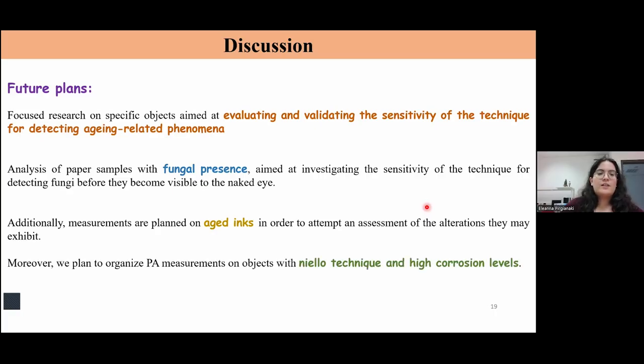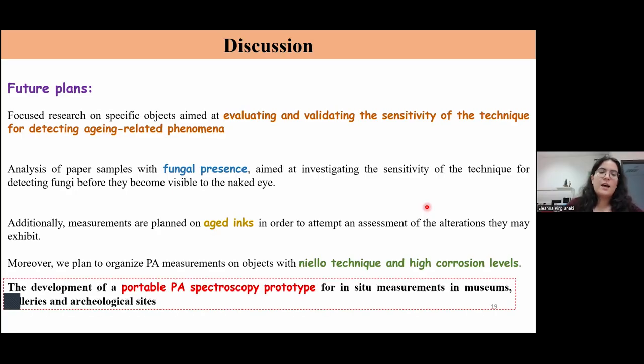Moreover, we plan to organize photoacoustic measurements on metallic objects with higher corrosion levels. And the big picture is that we aim to develop a portable photoacoustic spectroscopy prototype for in situ measurements in museums, galleries, and archaeological sites.